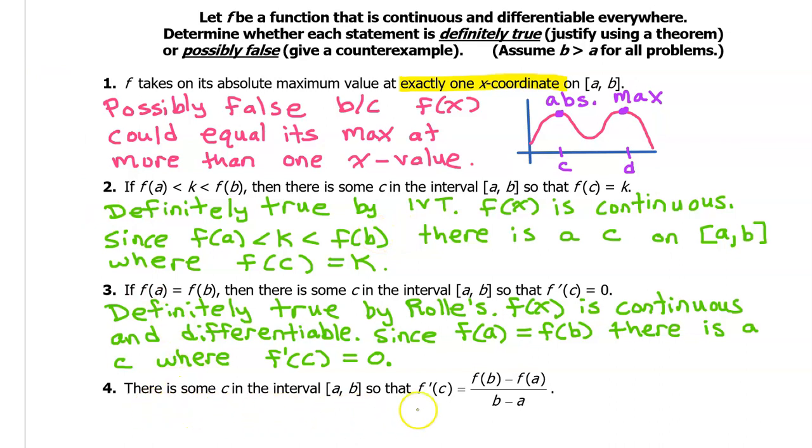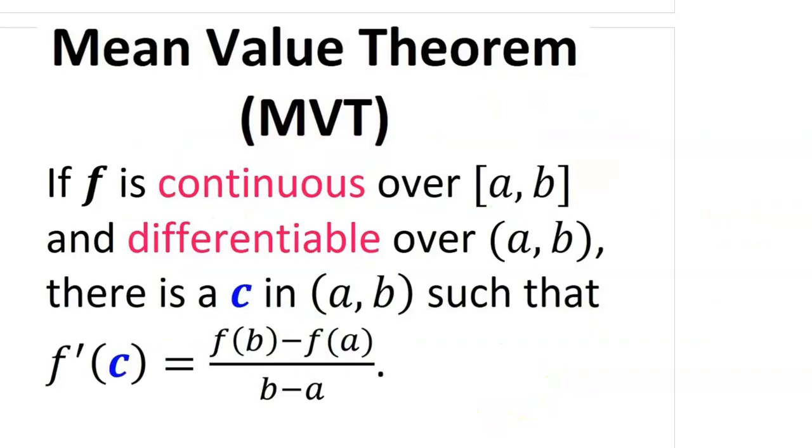Let's see if problem number 4 reminds us of one of our 5 theorems. There is some c in the interval from a to b so that f prime at c is equal to f at b minus f at a divided by b minus a. That was just the mean value theorem, the one for derivatives. All that is required is that f is continuous and differentiable.